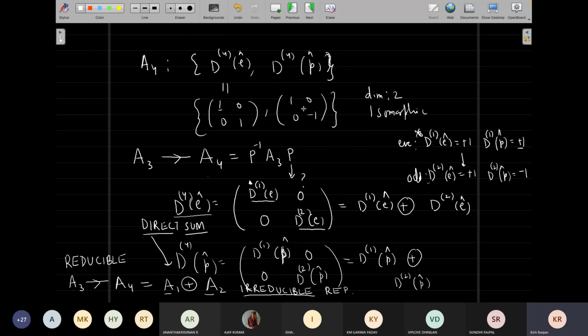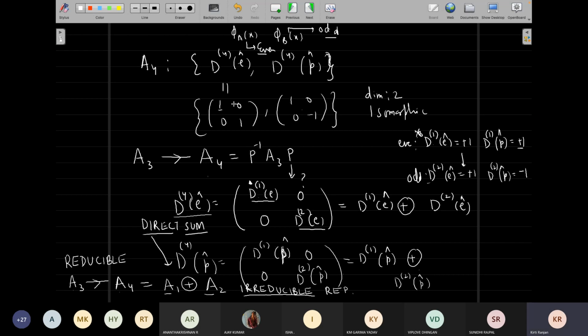Remember that the space where we had this A4 representation had phi_A(x) and phi_B(x). What kind of function was phi_A(x) and what kind was phi_B(x)? Phi_A was even and phi_B was odd. We have irreducible representations both for even and odd functions.